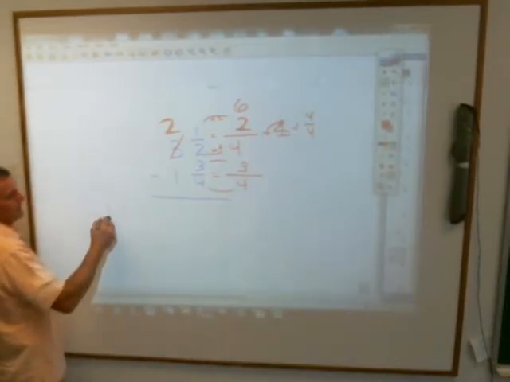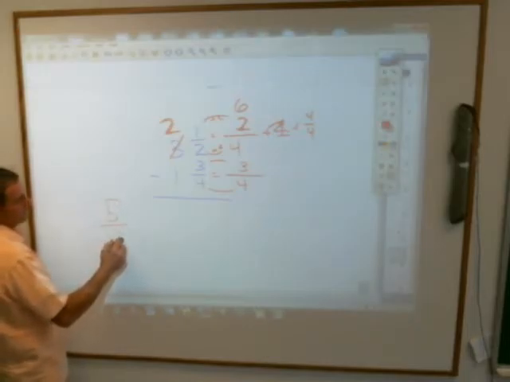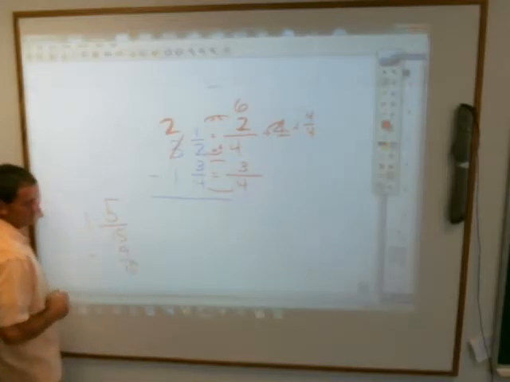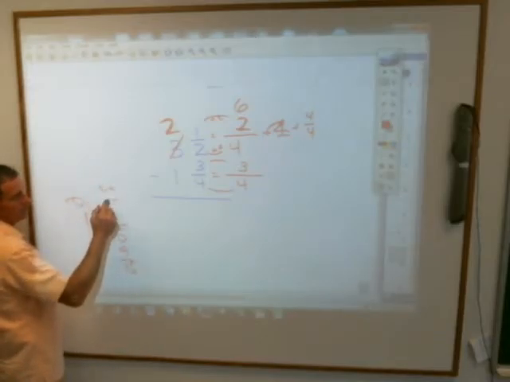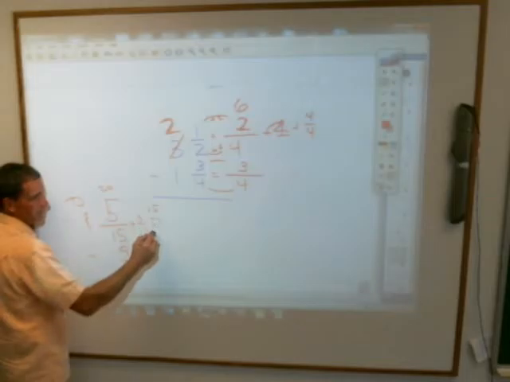Just like this. If I had 5/15 and I was trying to subtract 9/15 from it, I'd have to borrow from this, it'd become a 0. This becomes 20/15. Why? Because if I add 1 to this, it's the same as adding 15 over 15 to it.